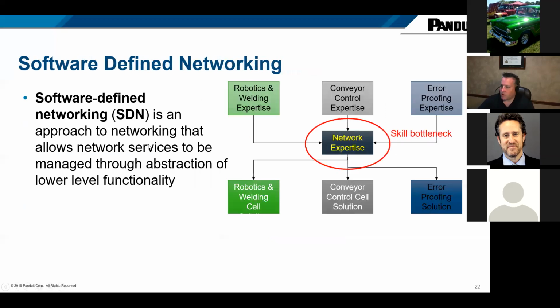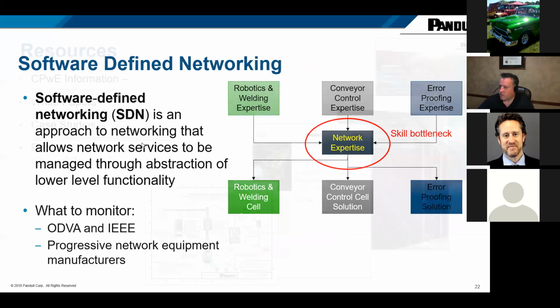The last one I want to tell you about, let me build out this slide for you, is software-defined networks. And this is even more into the future, kind of fluffy cloud kind of conceptual stuff. This is really being driven from the data center world, but again, really catching the eye of people like Cisco and others for plant floor applications.